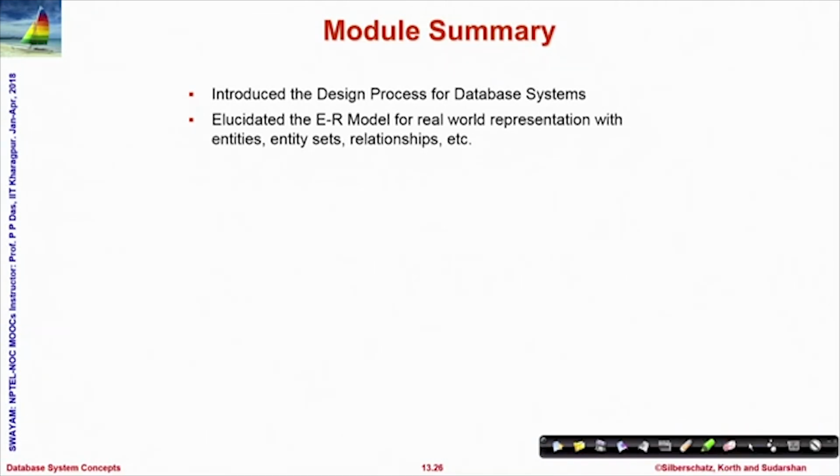So, this is the conceptual design that will lead to a more detailed logical design of how the relationships should be organized, what is the cardinality of that, what kind of attributes do I have, whether it is simple, whether it is composite, whether certain attributes are derived or not.